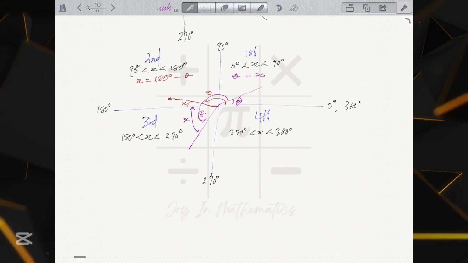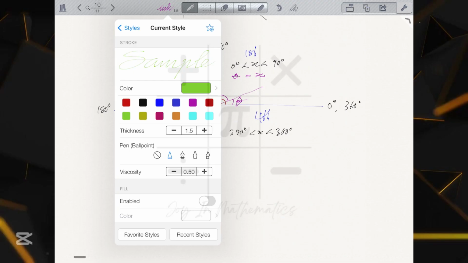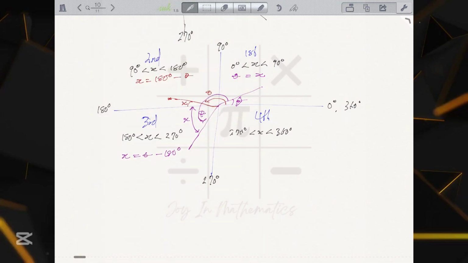So this is angle x. So we are saying that x here is equal to theta minus 180 degrees. And finally, if we have the one in the fourth quadrant, we have our angle theta. The angle x will be given as 360 degrees minus theta.